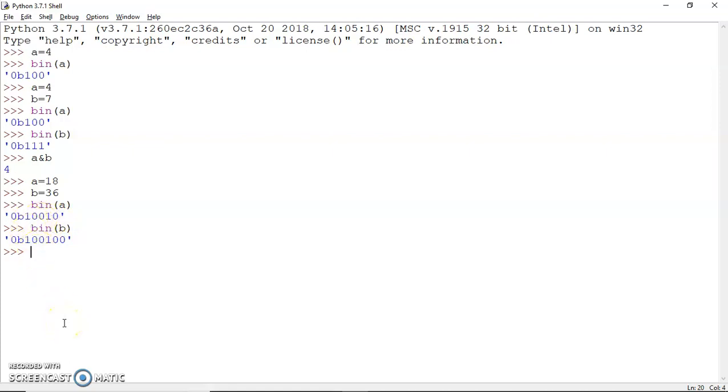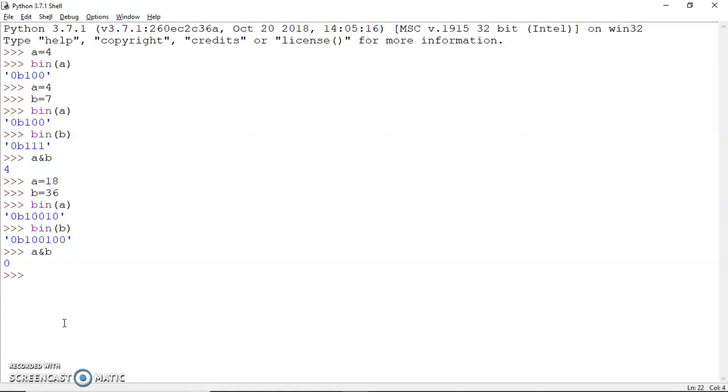A could be represented like this, I hope I'm clear here, and B could be represented like this, and then you can do the ANDing of the individual bits. So let's now do the AND and see what the answer is. The answer is 0. That means none of the corresponding bits were both high. Somewhere there was 0, somewhere there was 1. In none of the cases did we have a 1 1 combination.